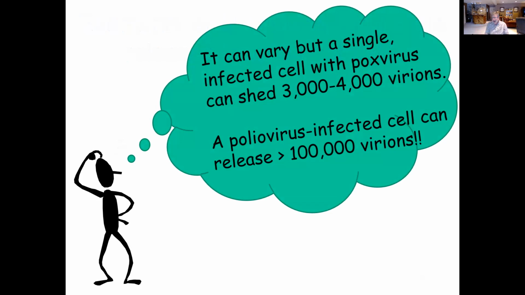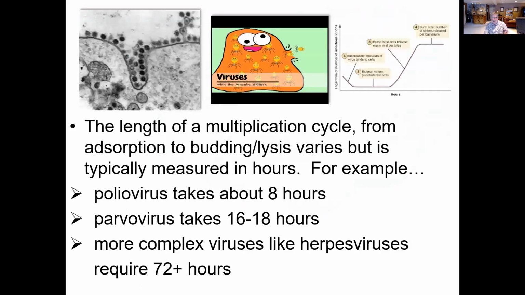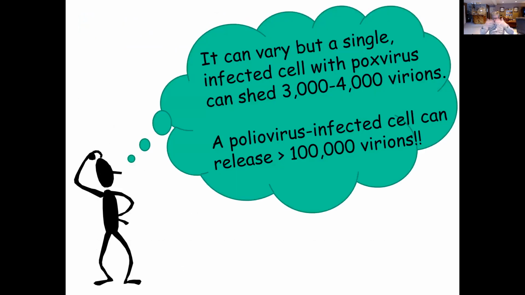A single cell can do that at one time. And then each one of those virions can go on to infect another host cell, and in a rather short period of time, a couple days, they can release 3,000 to 4,000 virions. And if that continues on and on, it doesn't take long before you're dealing with exponential numbers with respect to a viral load, let's say, that a patient might carry.